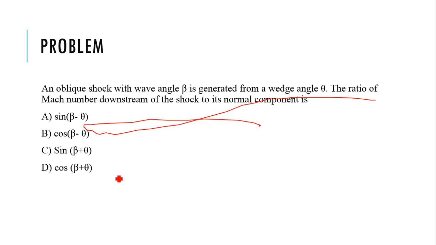So it would be sin(beta minus theta). Because we know the downstream Mach number M2 equals Mn2 divided by sin(beta minus theta). So the answer is sin(beta minus theta) only.